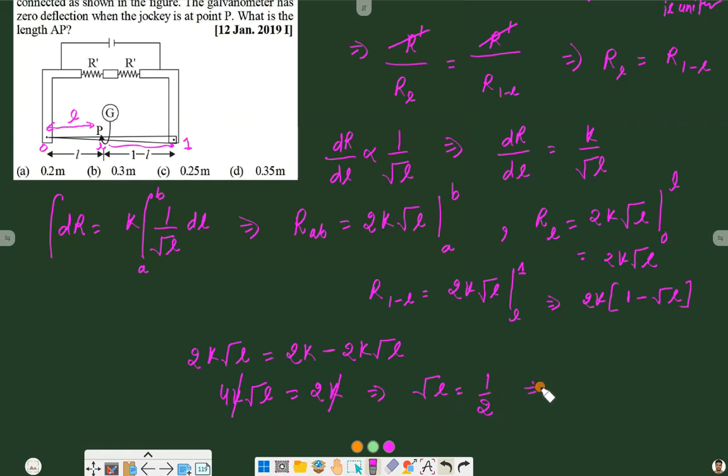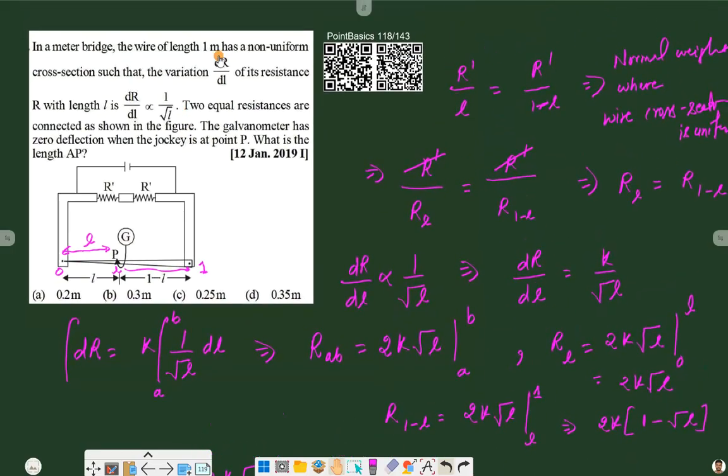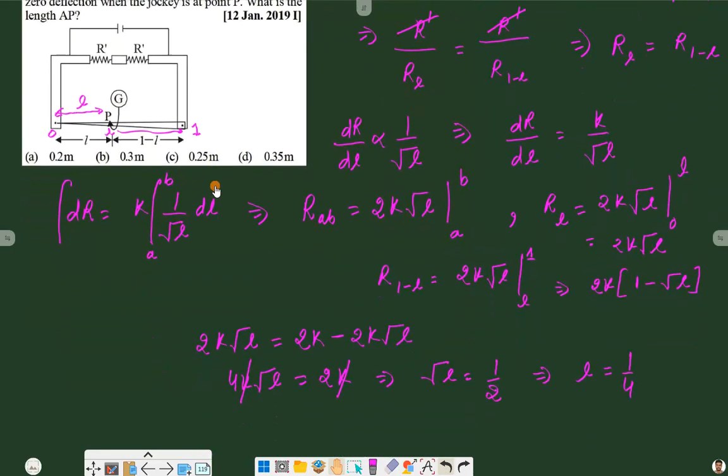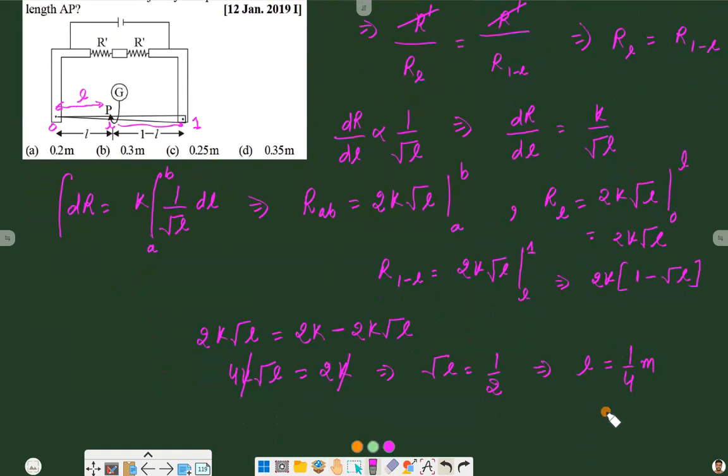Squaring both sides, L is equal to 1 by 4. And as we know the length is in meters, it is 1 by 4 meter or 0.25 meter or 25 centimeter. Option C will be the right answer.